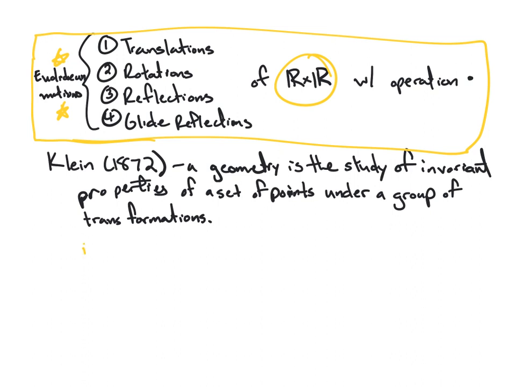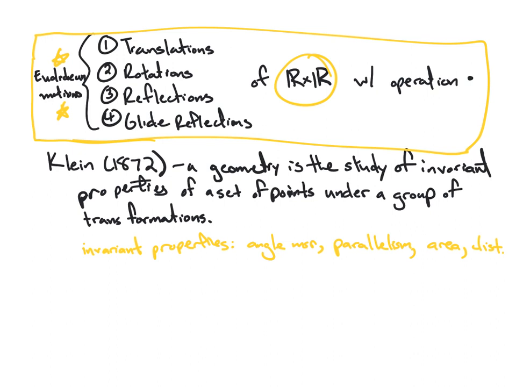And some of those invariant properties, things that don't change, are things like angle measure, right? Parallelism, area, distance, okay? Things like this.